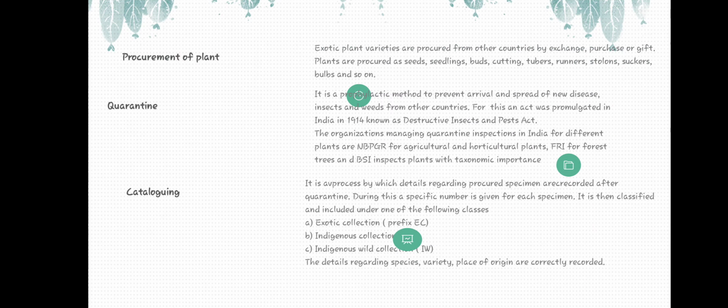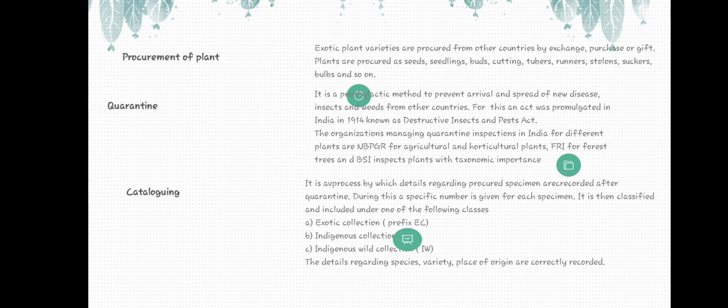Now, what is procurement? Procurement means plant varieties are obtained from other countries either by exchange, or by purchase, or they can be obtained as a gift.